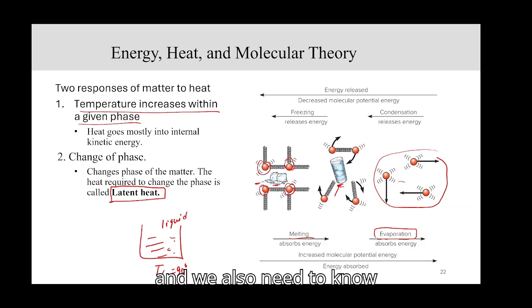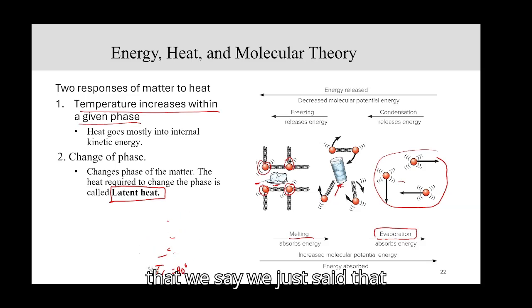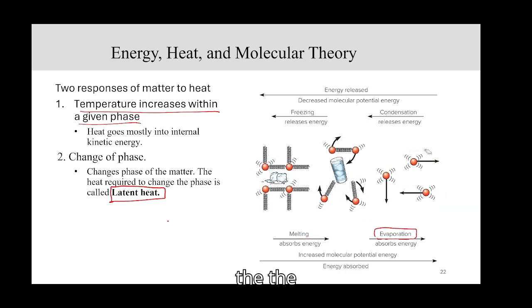And we also need to know that we just said the energy required to change from one phase to another phase is called latent heat.